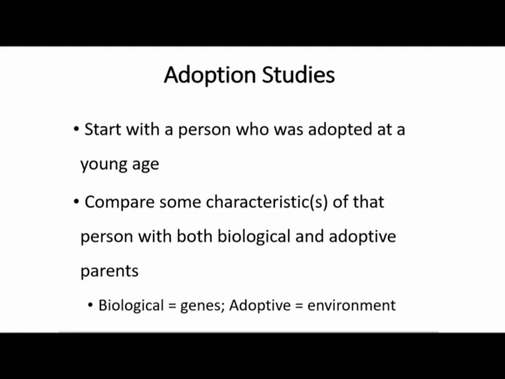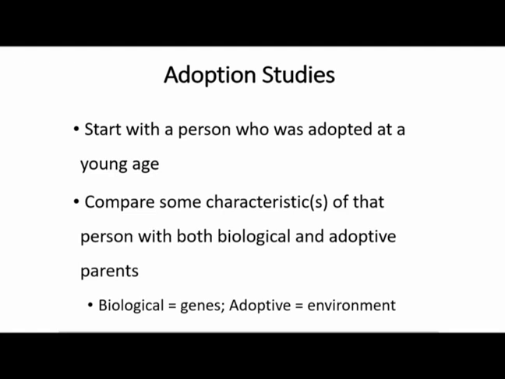So with an adoption study, we're going to use some background information, some knowledge that we've already put together, and a little bit of logic, and we're going to try and pick apart genes and environment. So the basic method for an adoption study is that you start with a person who was adopted at a young age. So you're going to look at a database, perhaps, of people who were adopted, ideally while they were babies, but as young children would work as well.